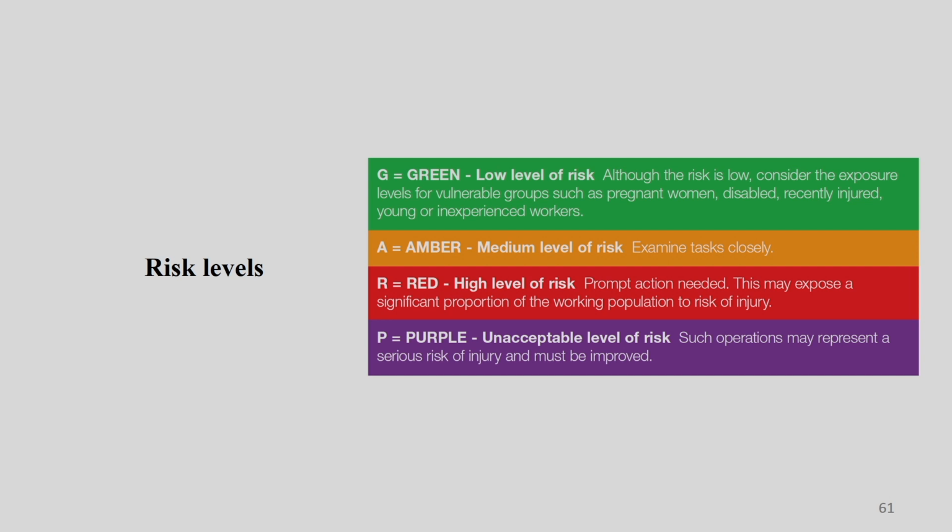There is no question. As soon as you find it, you have to take measures. So there are 4 colors: green, amber, red, purple. These are predefined colors, and as we go on in the tool, there are numbers associated with them, and those are already pre-computed numbers.